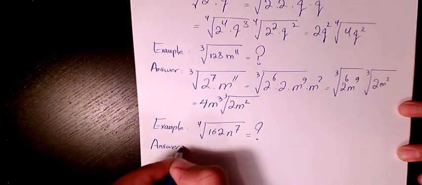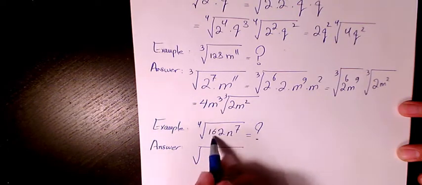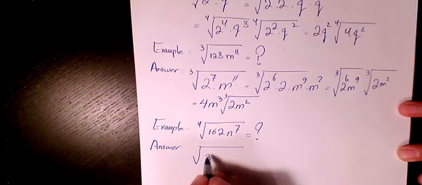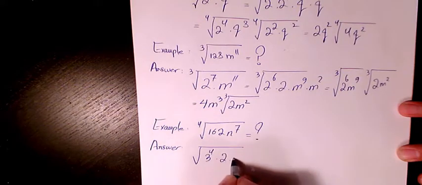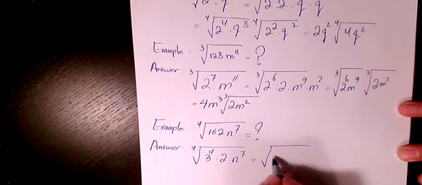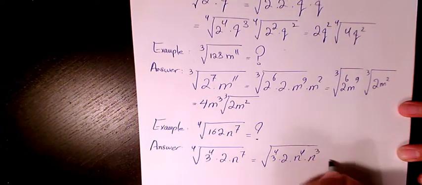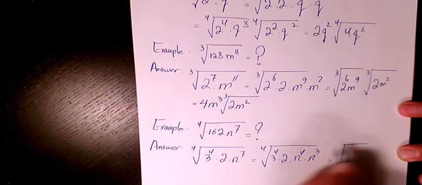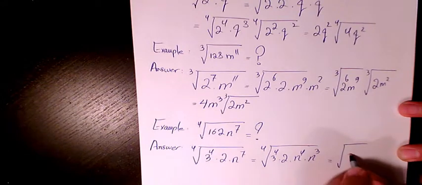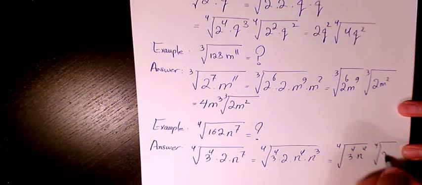Answer is 162 is 81 times 2, or 3 to the power of 4 times 2, times n to the power of 7, which will be n to the power of 4 times n cubed. Then we can keep this together. We have 3 to the power of 4, n to the power of 4, the 4th root of 2n cubed.